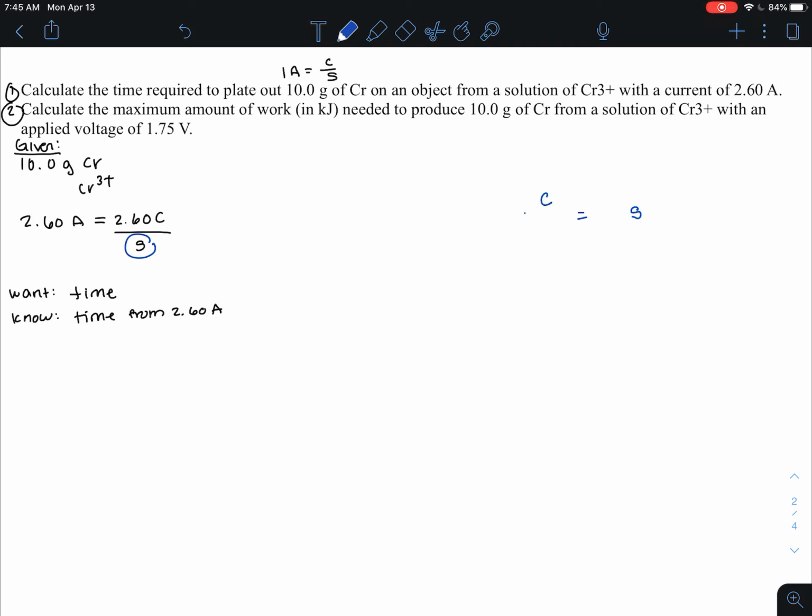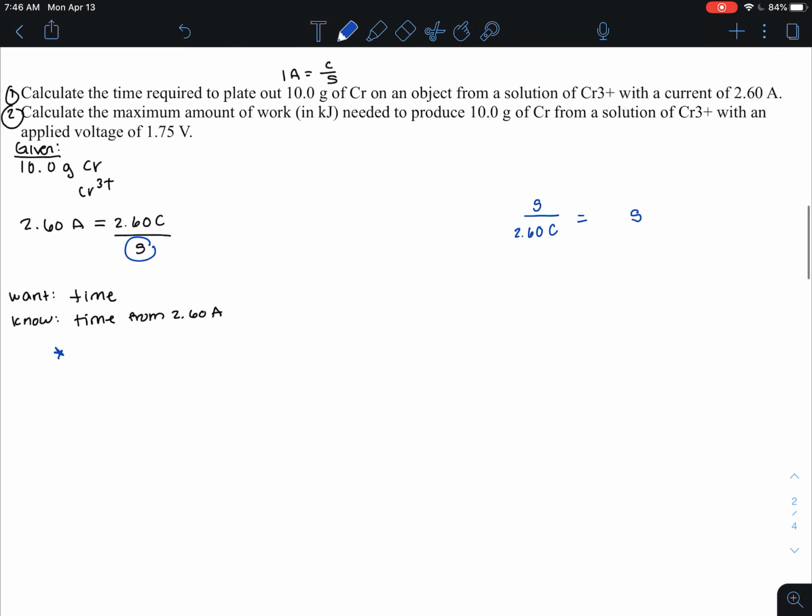So then I kind of make myself a plan. So if I want seconds in the end, that means I would have to have my seconds on the top and my 2.60 coulombs on the bottom. Well, that means I need to get rid of coulombs.